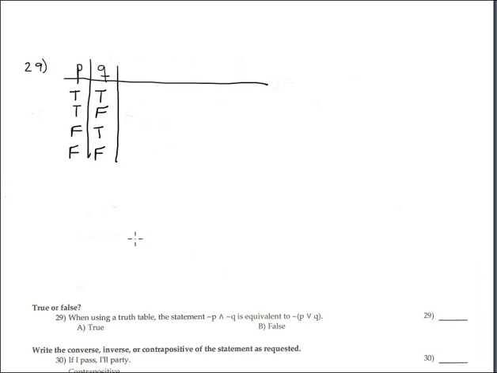Okay, 29 is prove somehow this statement: negation P conjunction negation Q is equivalent to negation P disjunction Q using truth table. So this is a four combination.